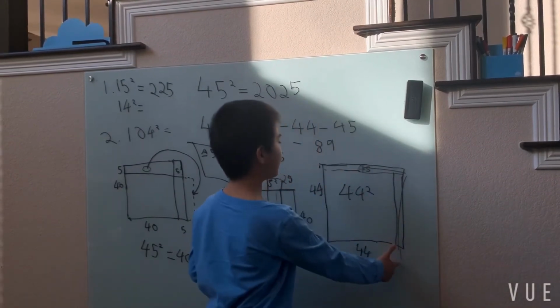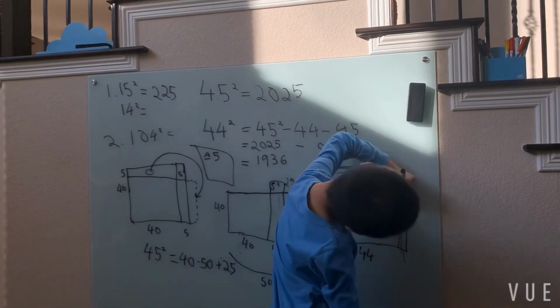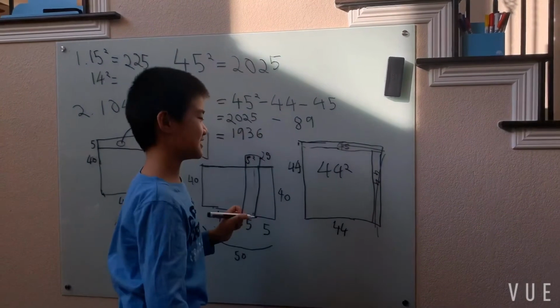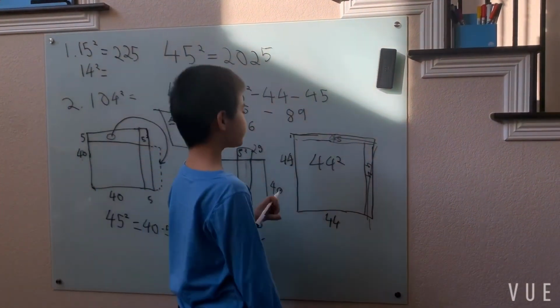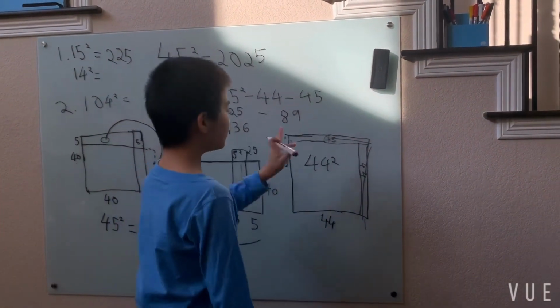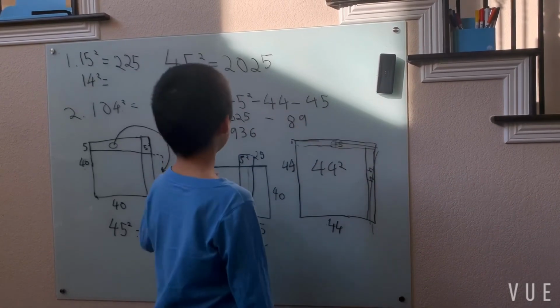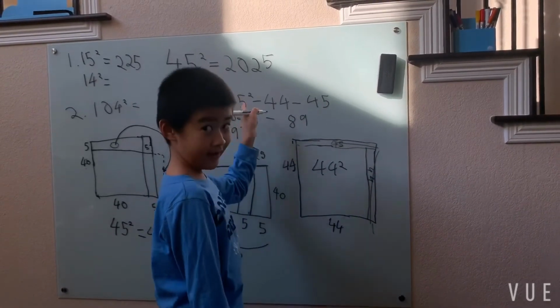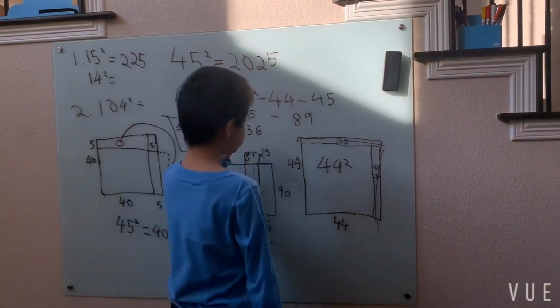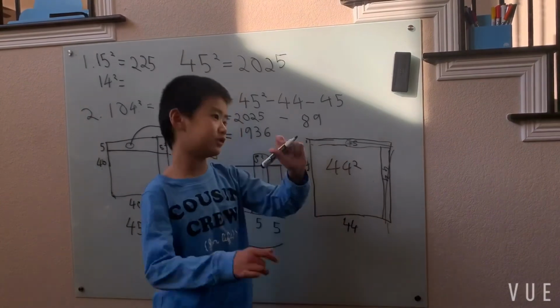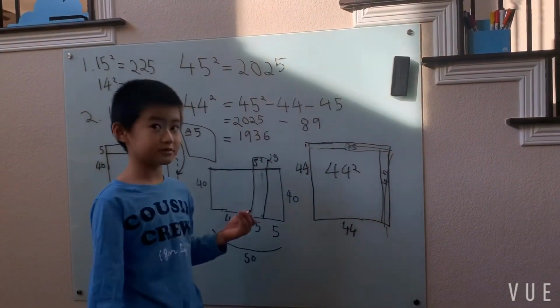But this one is a 1 by 44, area 44. So what I have to do is subtract 44 and 45 from my 45 squared.